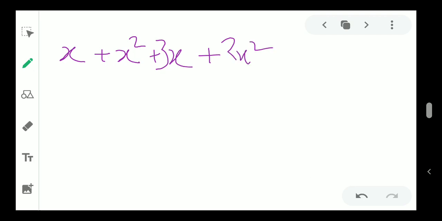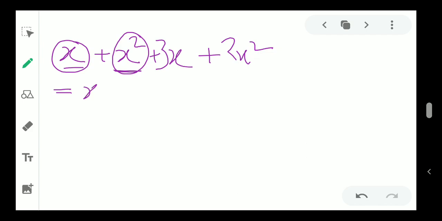If we talk about this, x is there, plus x square is there, plus 3x is there, and there is another 2x square. One thing you have to remember is that x square and x are not the same thing. X square is a different thing, x itself is a different thing. What will be my next step?